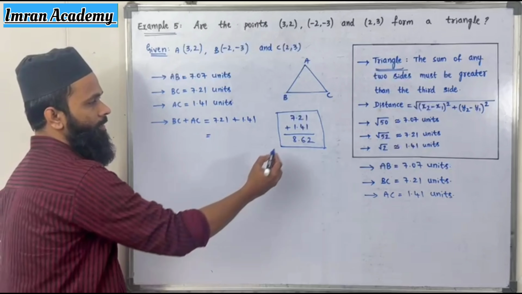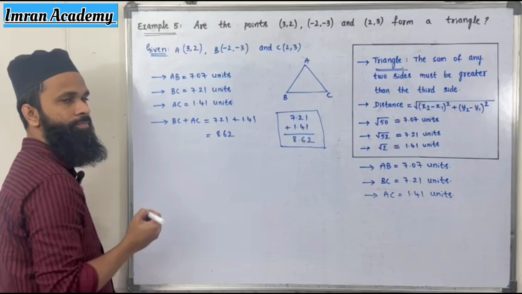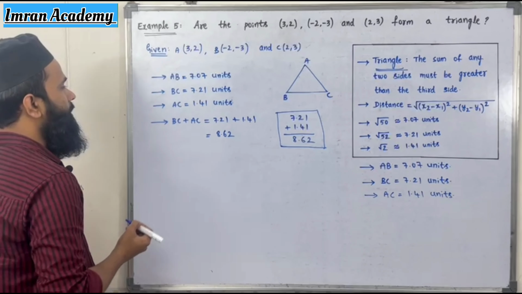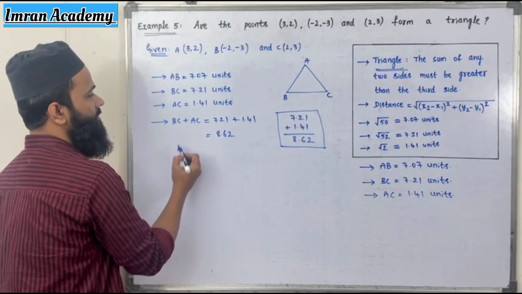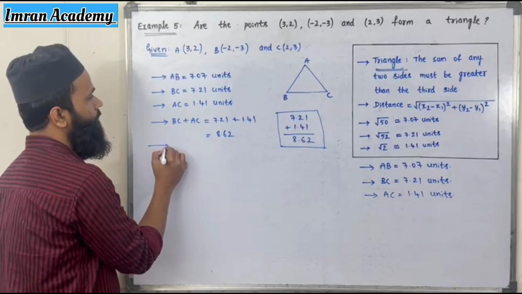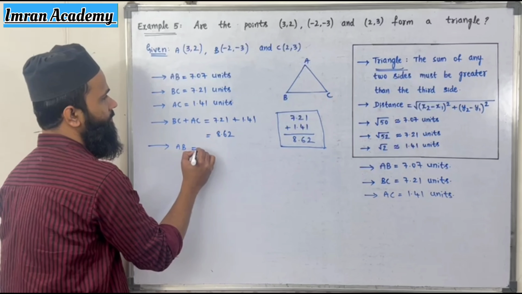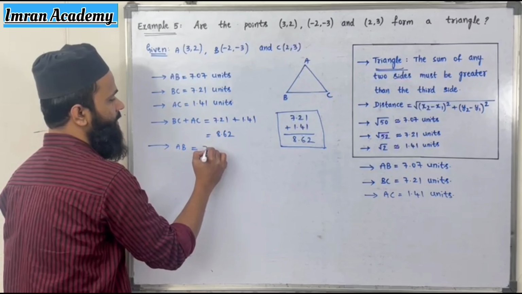We got 8.62. BC plus AC is 8.62. AB is 7.07.